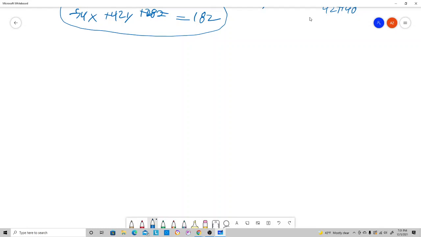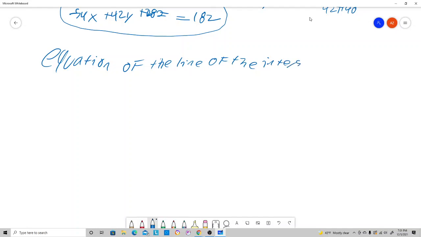I want to find the equation of the line of the intersecting planes.